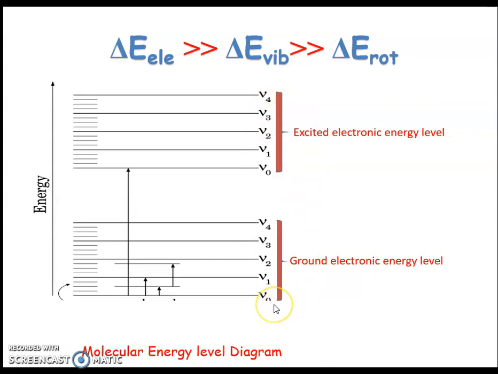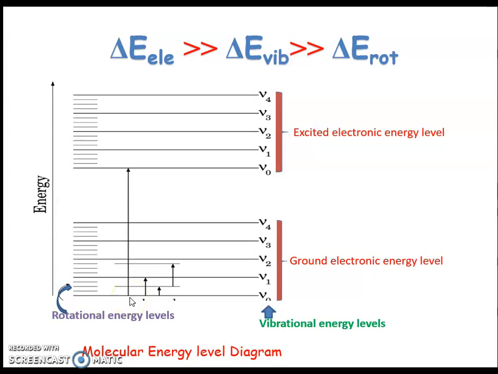Associated with each electronic energy level, there is a series of vibrational energy levels, and associated with each vibrational level, there will be a series of rotational energy levels. Hence, the molecular spectrum is very much complicated as different transitions may be possible simultaneously.